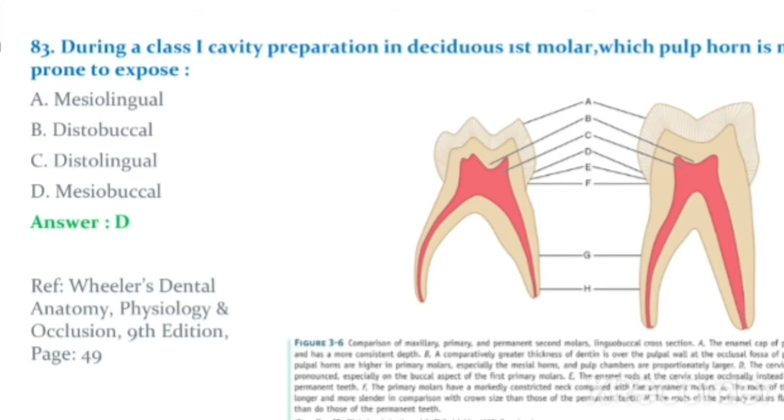In this figure you can see the comparison of maxillary primary and permanent second molars. Linguobuccal cross section, that is buccolingual cross section.